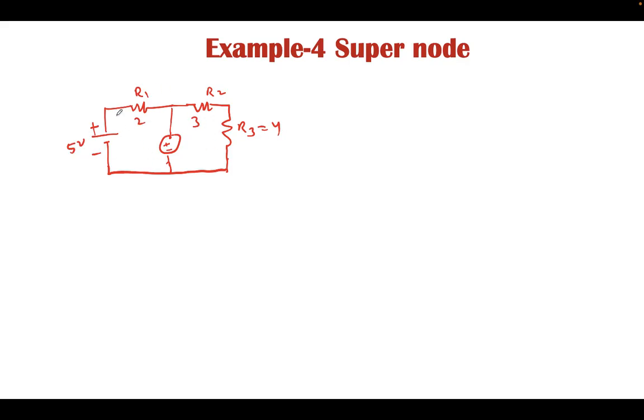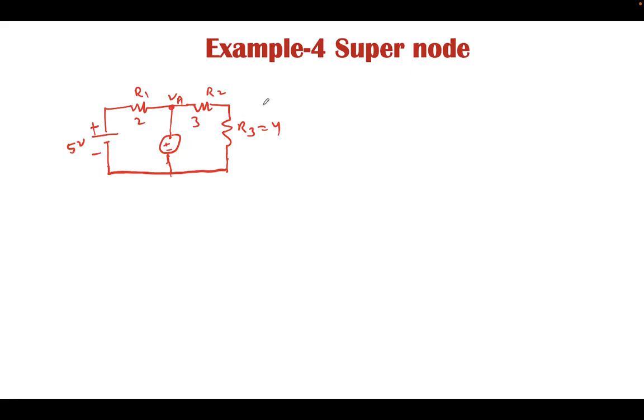Now in this case we cannot apply nodal analysis at this node. Why? Because there is a voltage source connected directly with respect to reference, and hence the potential at this node is already defined. Then it can be solved by applying the concept of generalized equations.